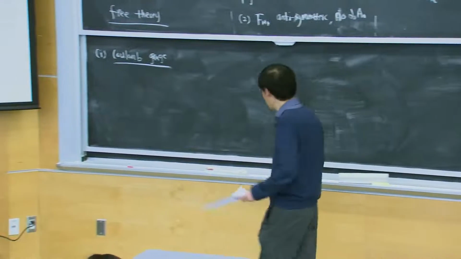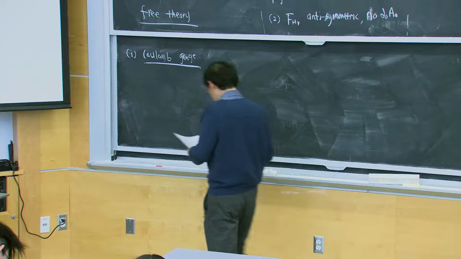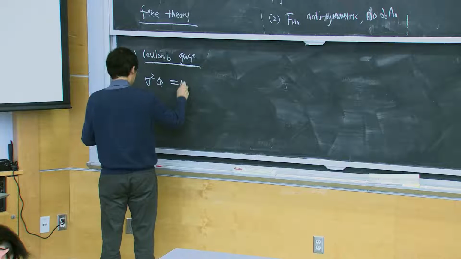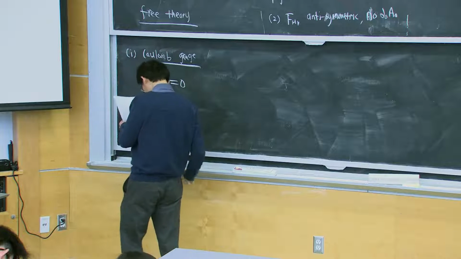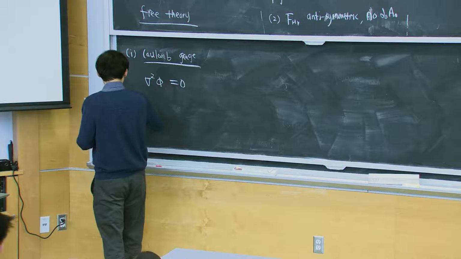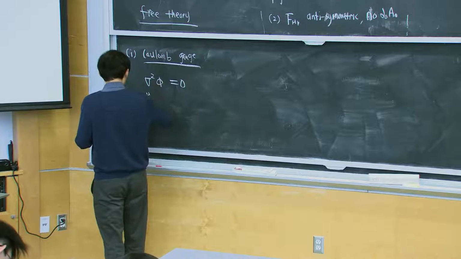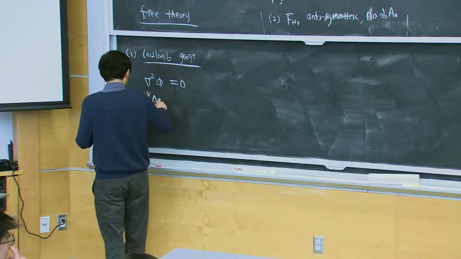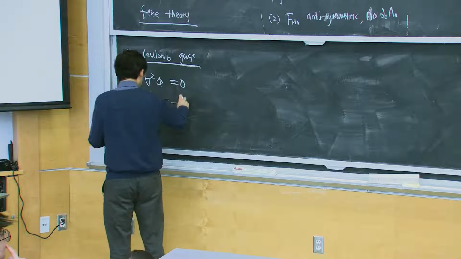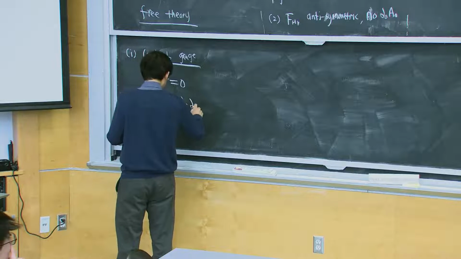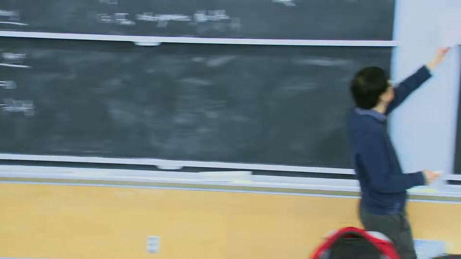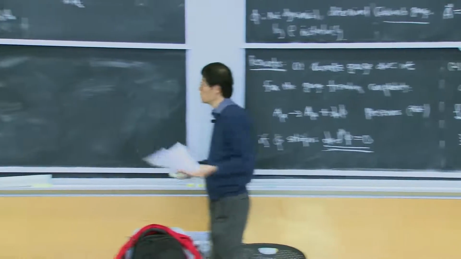So in the Coulomb gauge, we have two equations: ∇²φ equal to 0, and ∂_μ∂^μ A_i equal to a term with φ. These are the two equations, because J is equal to 0.